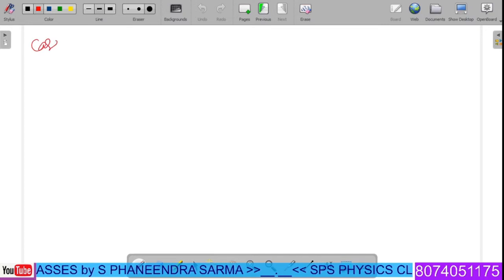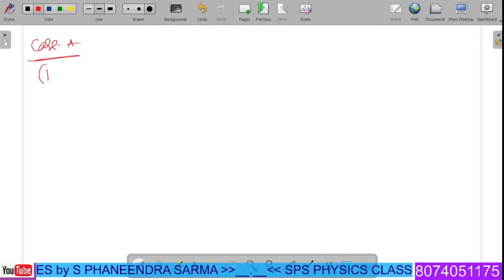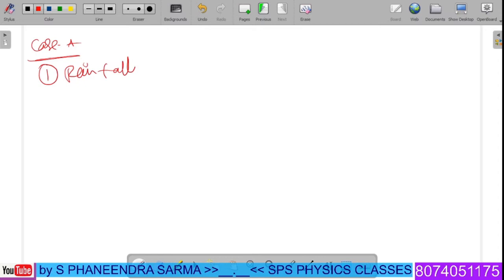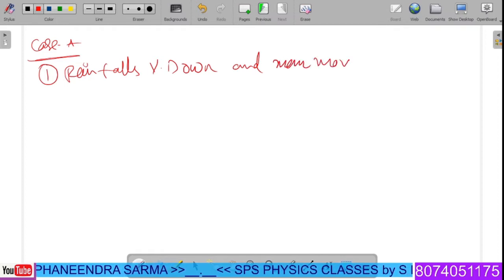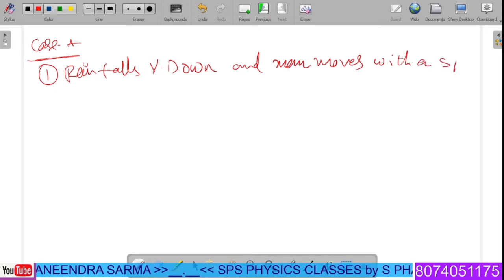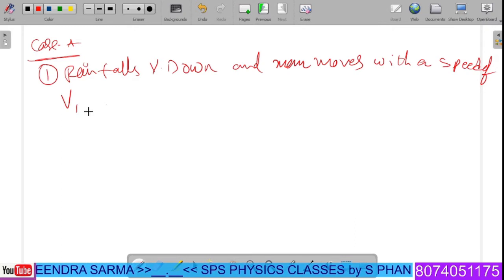Case A. Rain falls vertically down. First one: rain falls vertically down and man moves with a speed of V1.